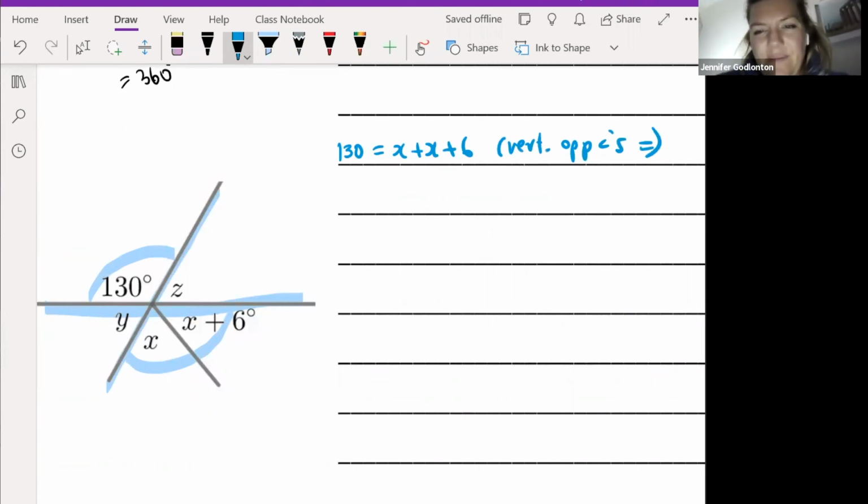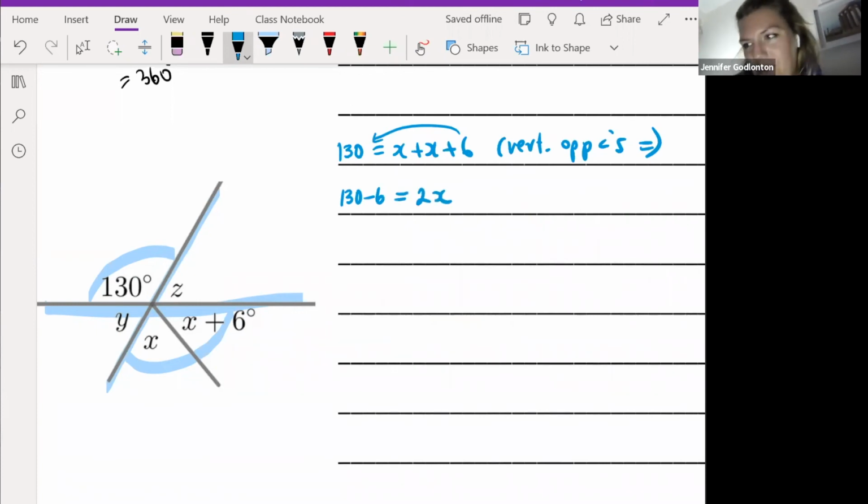And then, ma'am, you write 130 plus z is equal to 180, and the reason is angles on a straight line. Are you going to first solve x for me though? Okay, so you take 6 to the other side, which is a negative.